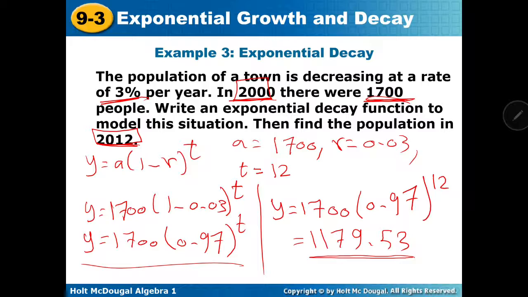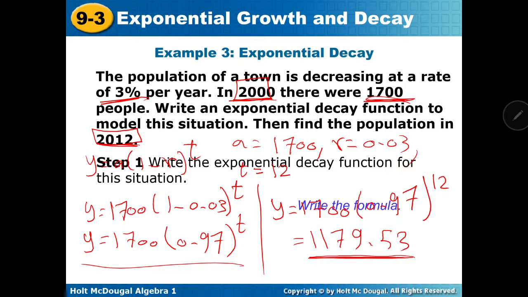If I multiply 1,700 by 0.97, 12 times, that will be the answer, right?